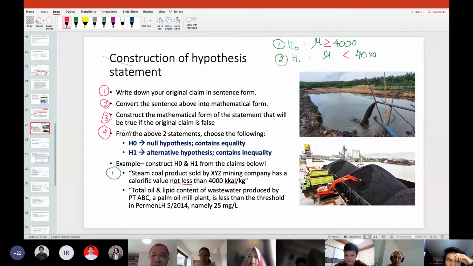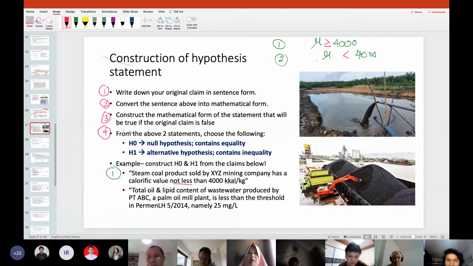So the one that contains the equality is of course the original claim, because it is not less than, so the sign is greater than or equal to. So the first statement becomes the null hypothesis. And if the first statement becomes the null hypothesis, then automatically the second statement becomes the alternative hypothesis.